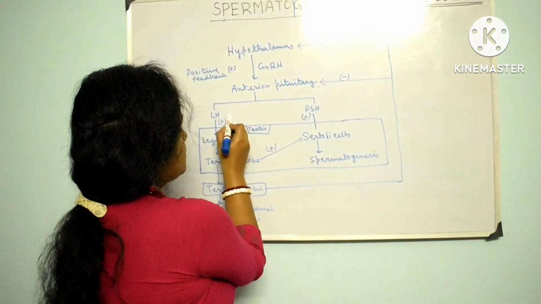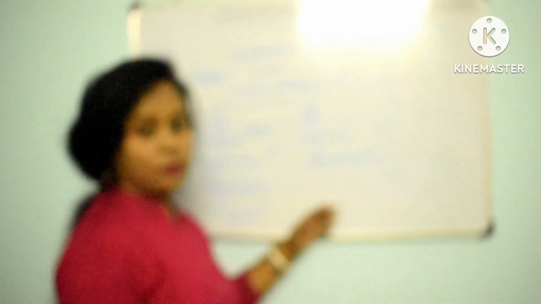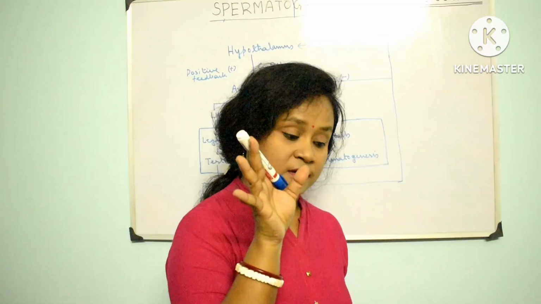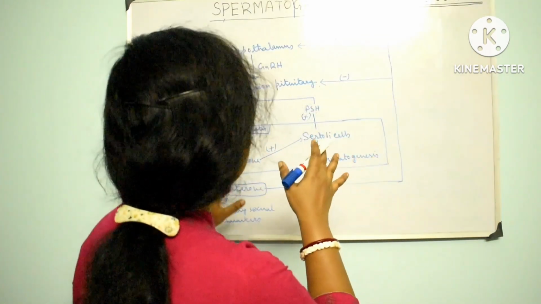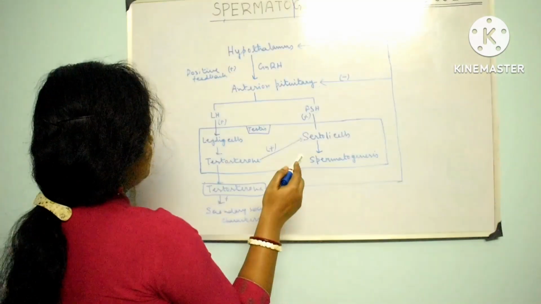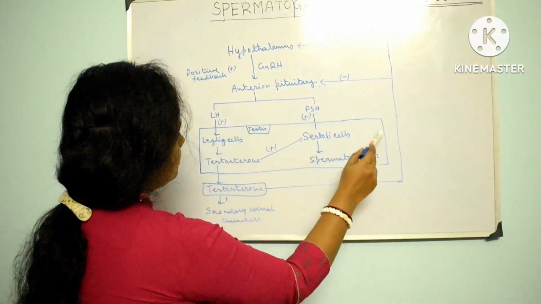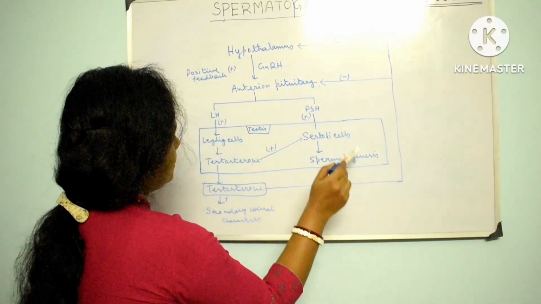The full form of LH is luteinizing hormone. The full form of FSH is follicle stimulating hormone. Out of those 6 trophic hormones, these 2 are needed for the spermatogenesis process. Both LH and FSH act on the testes. Here is the whole scenario inside the box.